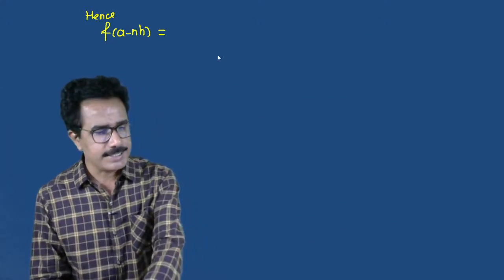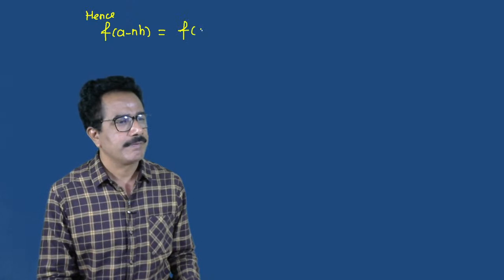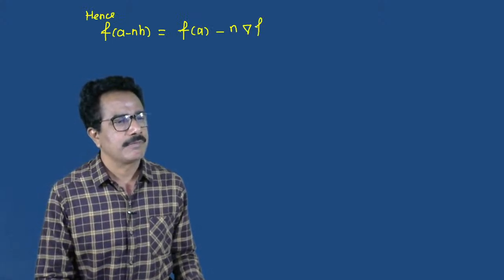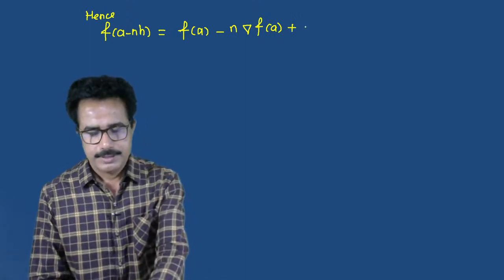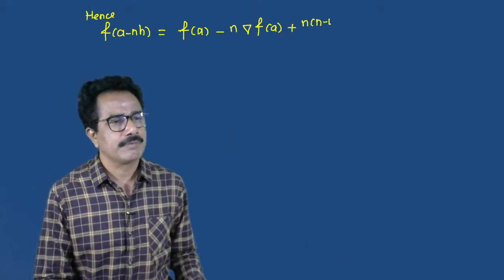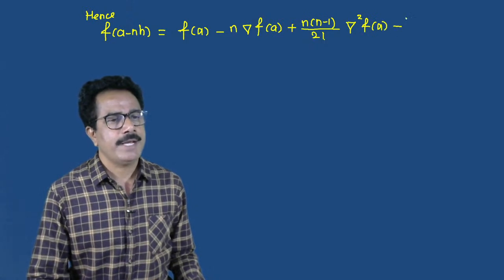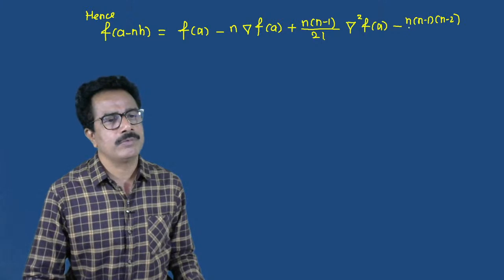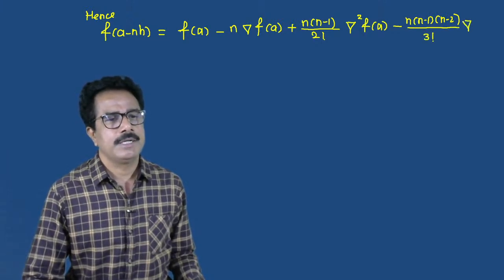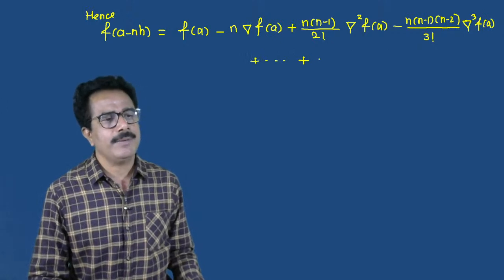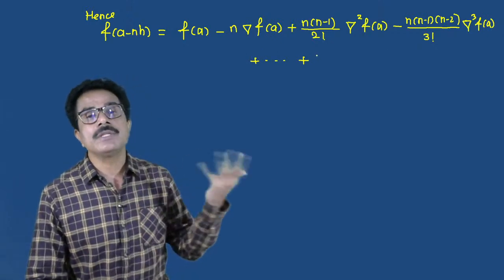f of a minus nh, which can be written as f of a minus n into del f of a plus n into n minus 1 upon 2 factorial del square f of a minus n into n minus 1 n minus 2 upon 3 factorial del cube f of a plus dot dot dot plus or minus whatever may be, it is depend on the odd and even term.